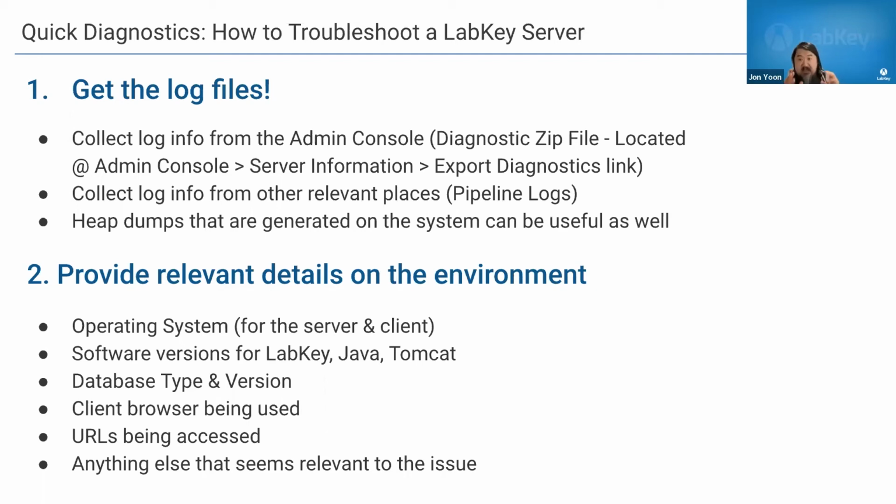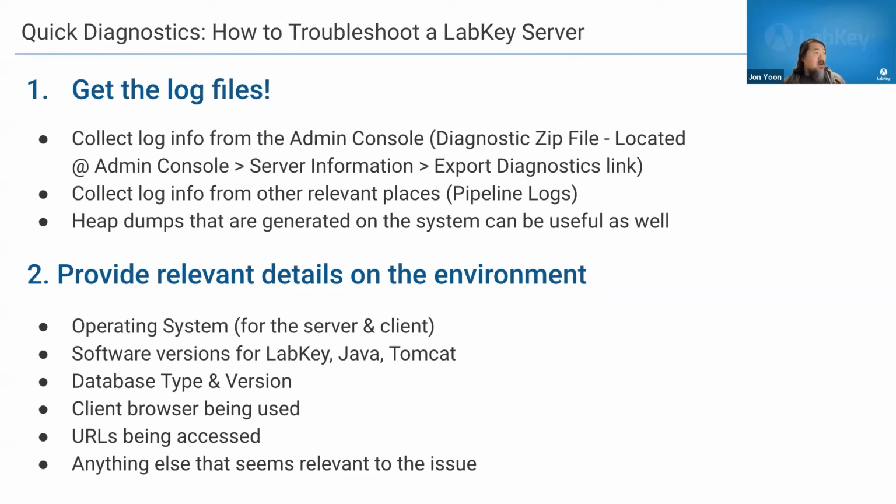It will give you a zip file that contains the labkey.log file, the Catalina out or Catalina log files, memory log files, LabKey error log files, and a plethora of other things that are relevant to helping us troubleshoot your issue.